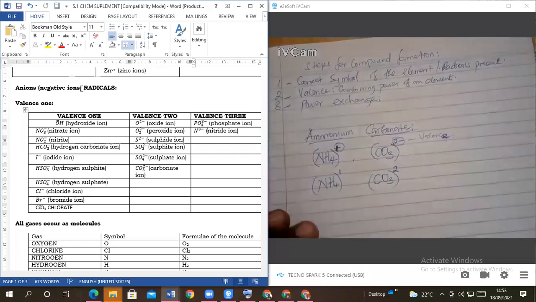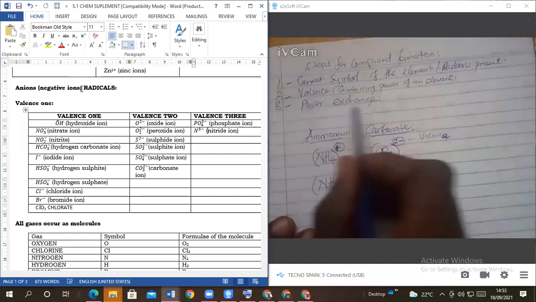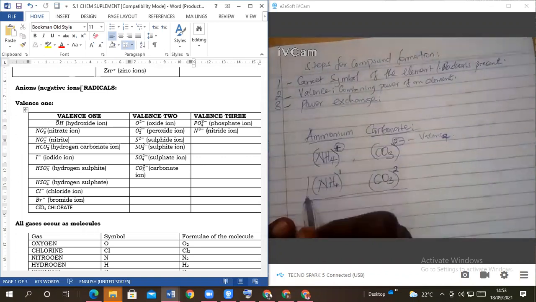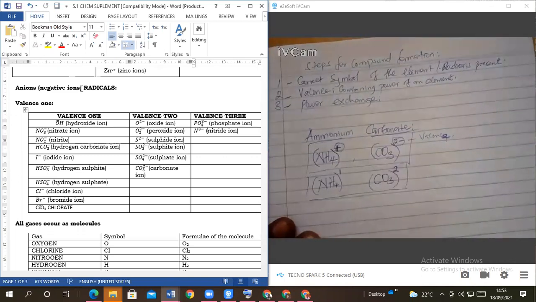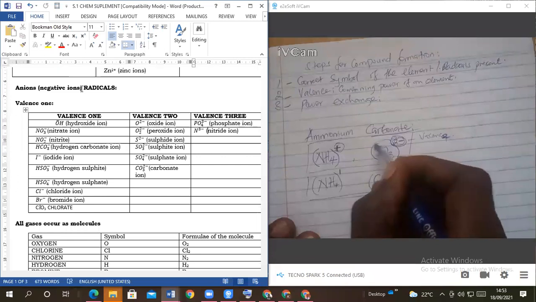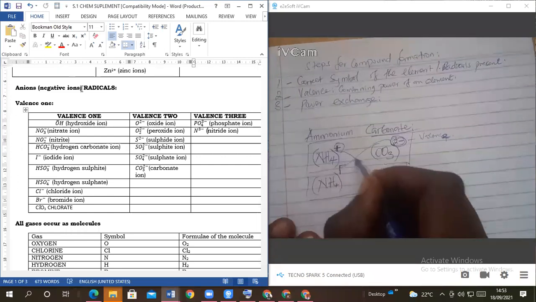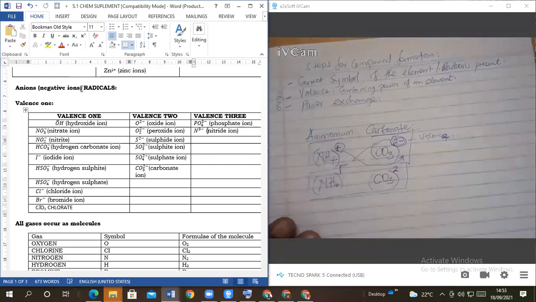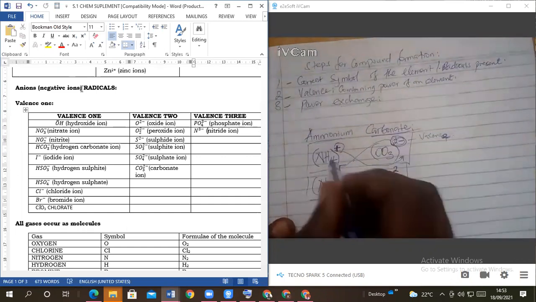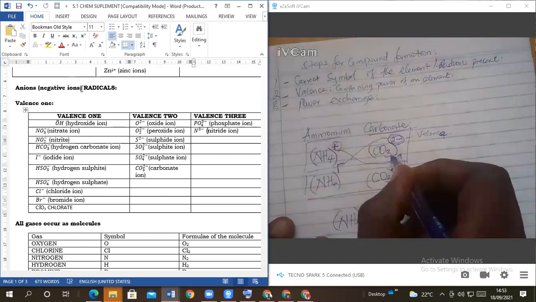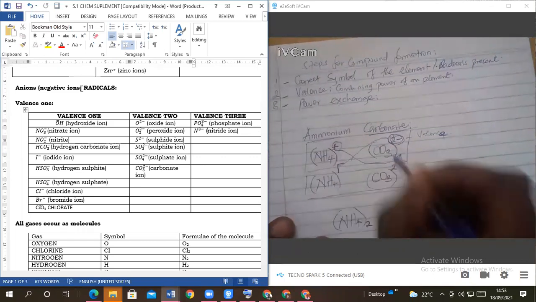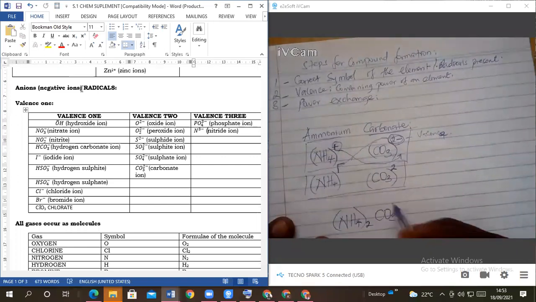Then you must show power exchange, because if a compound is to be formed from these elements, they must exchange their powers to show that they have formed a new compound. The power of this comes straight to this one, and the power of that one comes to this one. So ammonium takes the 2 of the carbonate, and the carbonate takes the 1 of the ammonium, which just remains like that.